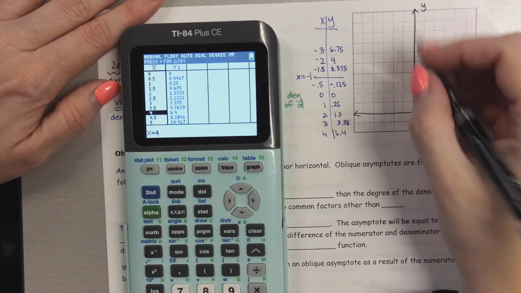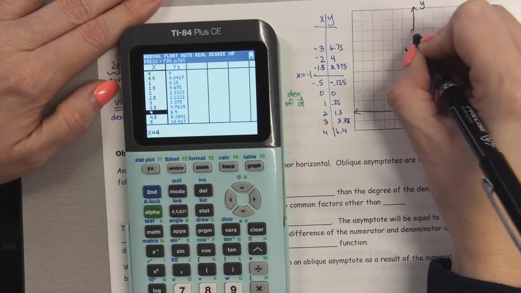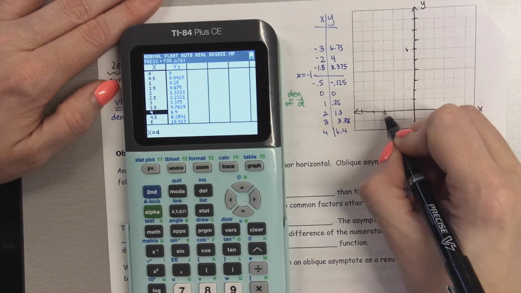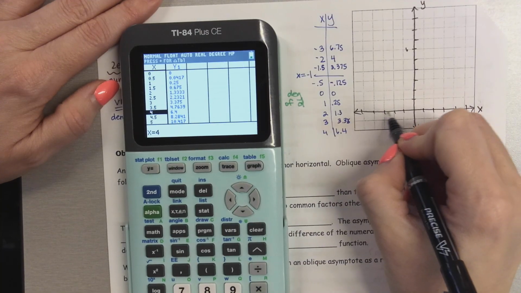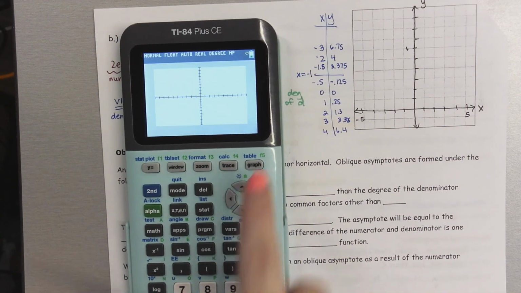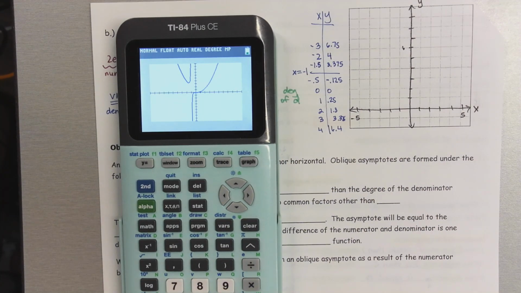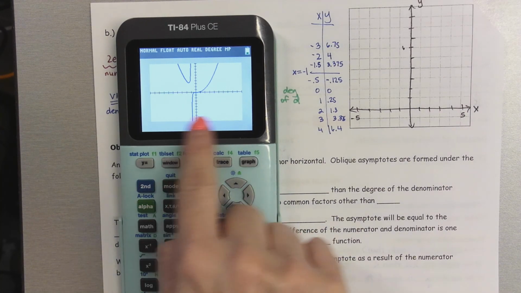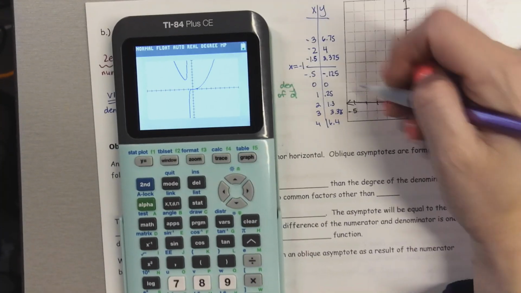I chose to go by ones. All right, and then we're also going to look at our graph so we can see what shape we have. Okay, so this is an interesting shape here. Make sure you graph it so you can see what it's going to look like before you start plotting your points here.